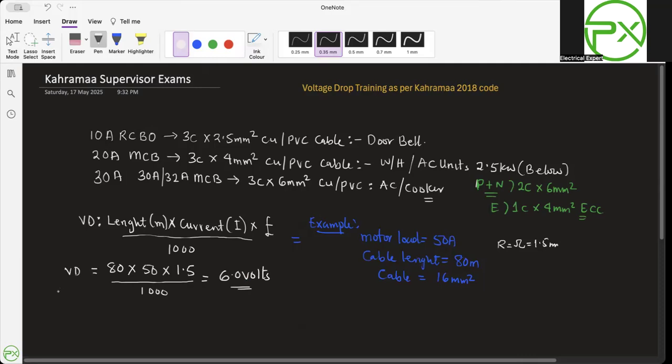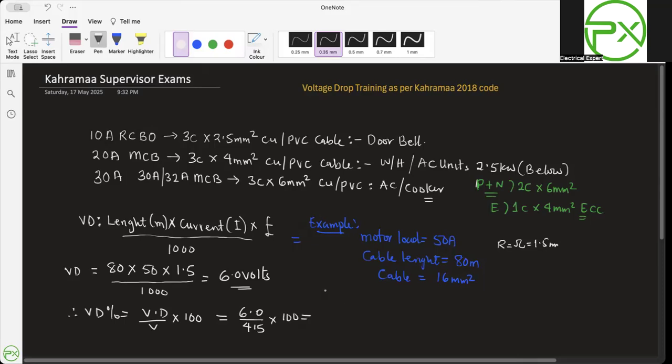Now, you need to calculate voltage drop in percentage. So if that is the case, then I have to consider VD percentage, which will be the voltage drop, VD, divided by the volts, times 100. Then the VD is 6.0 over 415, since it's three-phase, times 100, right?